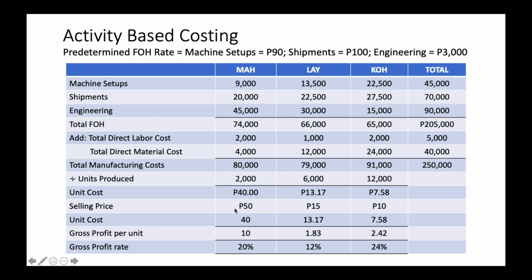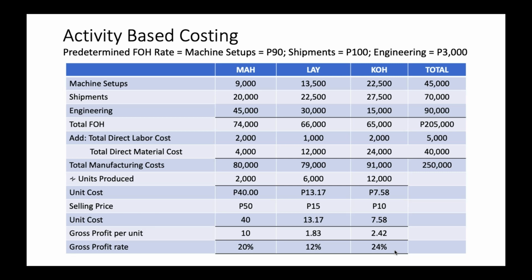So if they are selling at the same selling price, this is the new gross profit per unit. That's 10 pesos for Ma, Lai of 1.83, and Ko of 2.42. So the percentage of the gross profit is 20 for Ma, Lai of 12, and 24 for Ko.